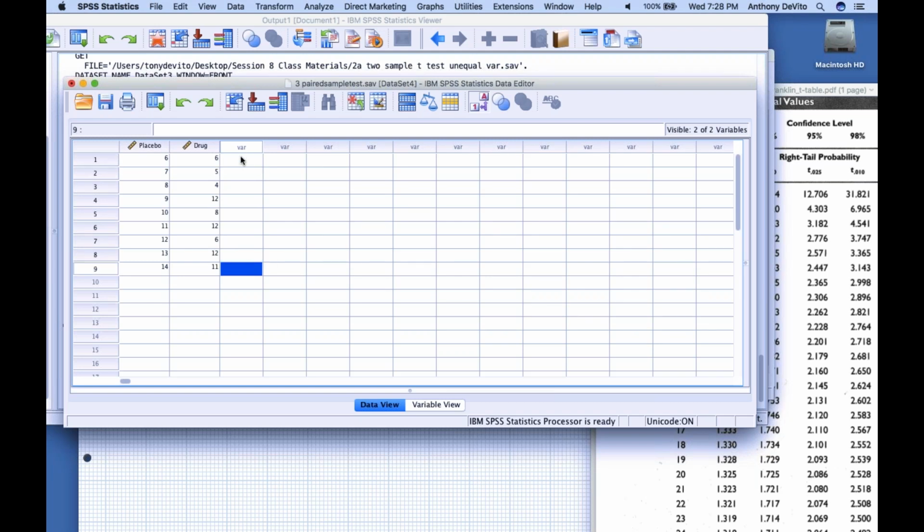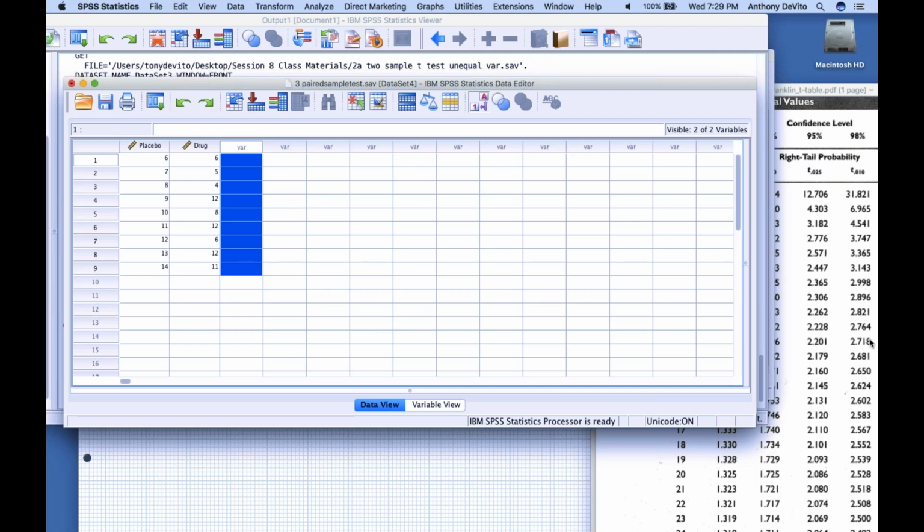And then we're going to say to ourselves, did this drug make a difference? In order to figure that out, we're going to find the average of all the differences. The idea is that if there was no difference between taking the placebo and the drug, we would expect the average of the differences to be equal to 0. But if there is a difference, we would expect the average of the differences to be different than 0. So what's our null hypothesis here?